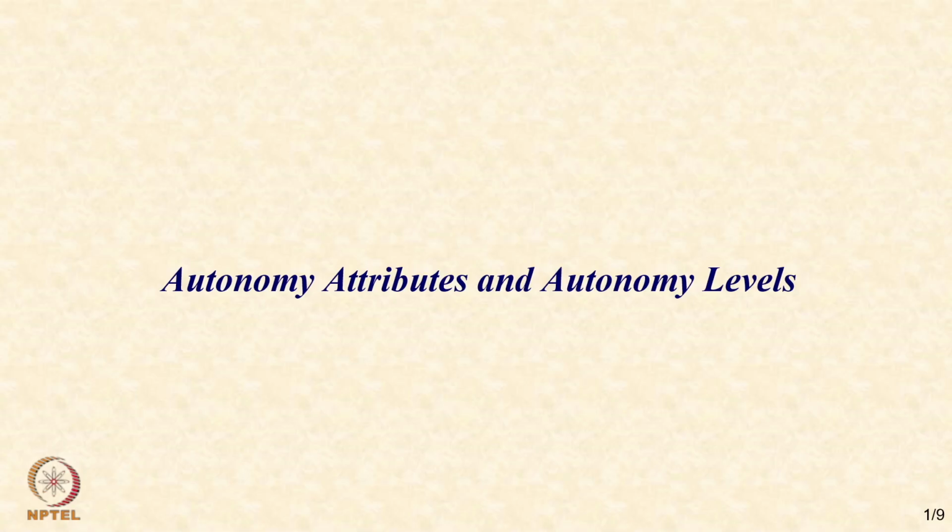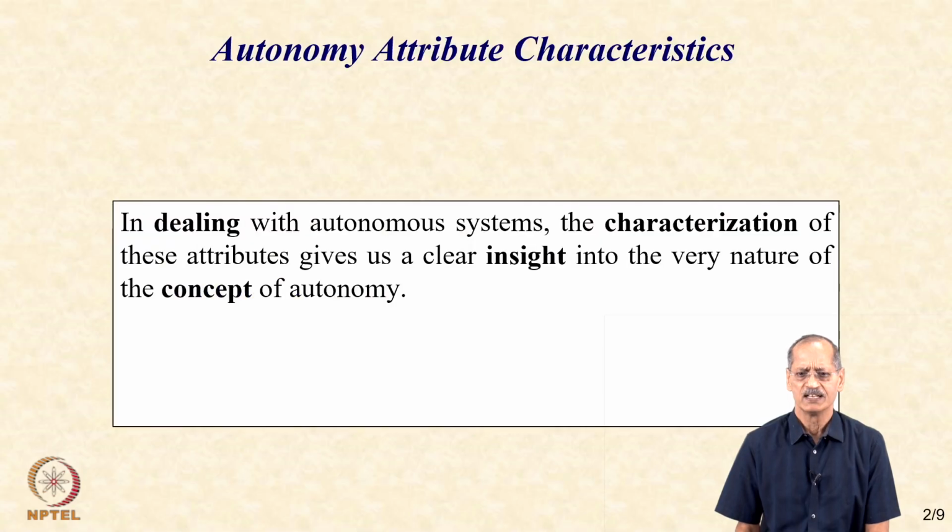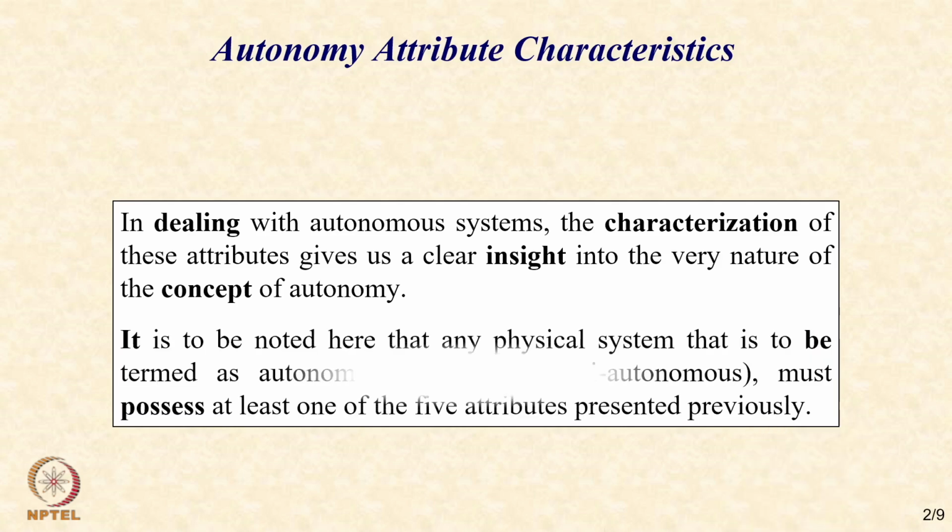When we look at autonomy attributes, we find that if we characterize these attributes, they give us a clear insight into the very nature of the concept of autonomy. And it is to be noted here that any physical system that is to be termed as autonomous or even semi-autonomous, a term that we are going to look at a little bit more closely towards the later part of this lecture, must possess at least one of the 5 attributes that we presented in the last lecture.